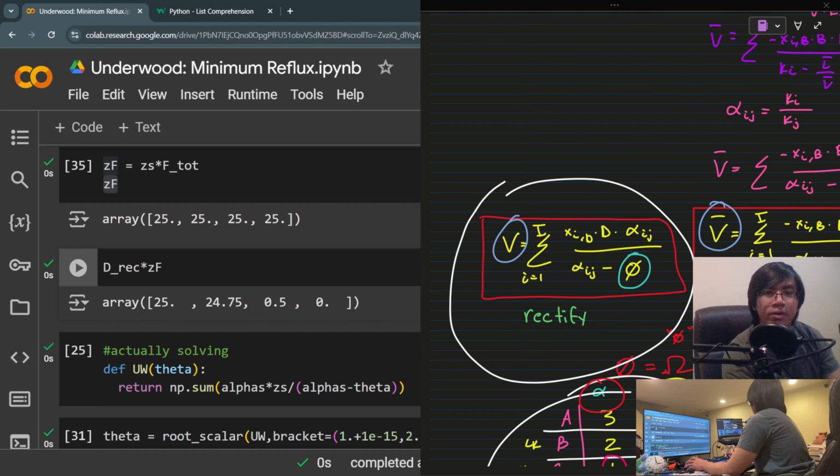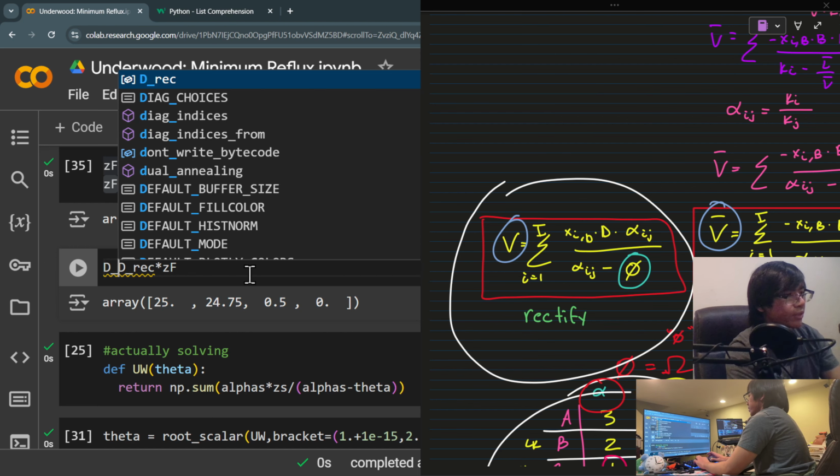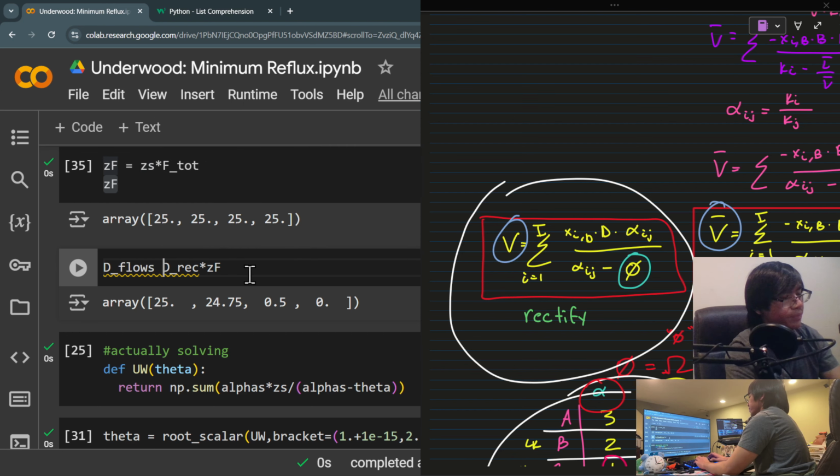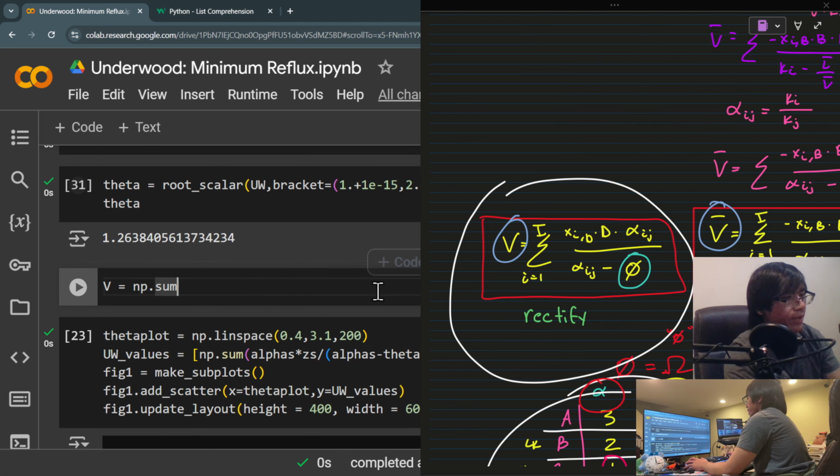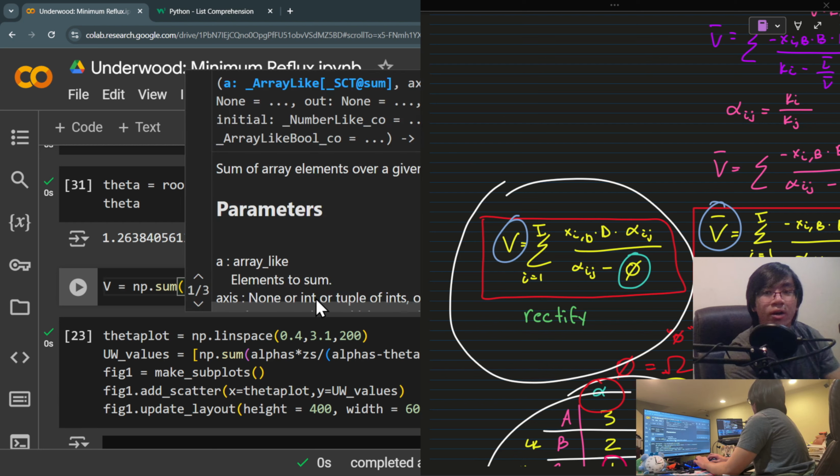And now we keep that as an array since it's a sum of all of those. So we don't want to sum this quite yet. So I'll call this D flows, since it's for multiple components. So we have that. Now we do our NP sum. So we have our recoveries.